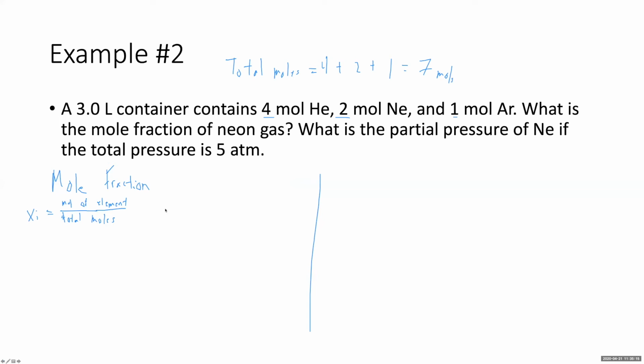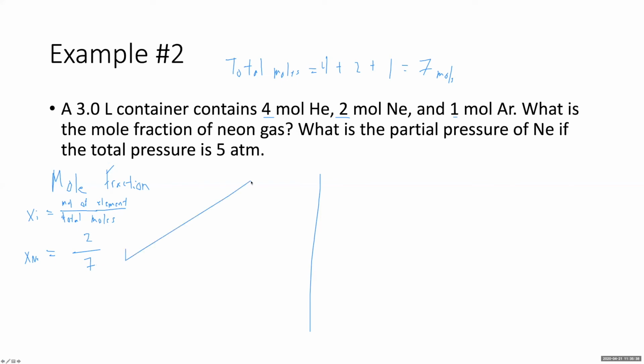So we're going to do the mole fraction of neon, and all we do is simply ask, neon is how many? It's 2. So we do 2 over 7. That's it. That's your mole fraction, 2 over 7.